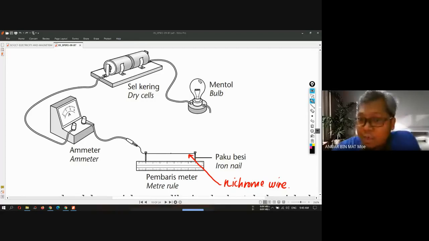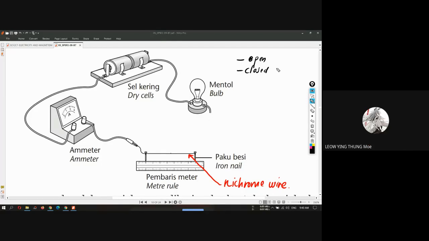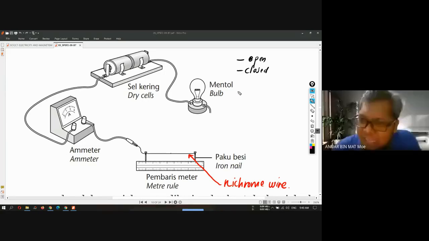Because the circuit is what? Is the circuit open or closed? One say open, one say closed.